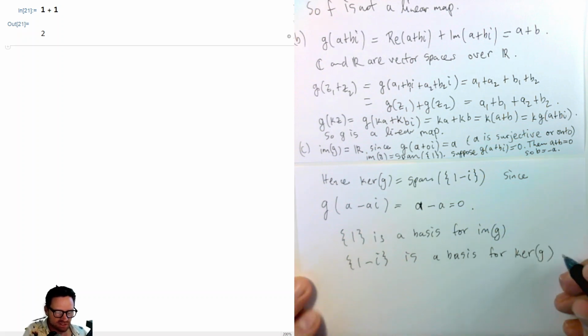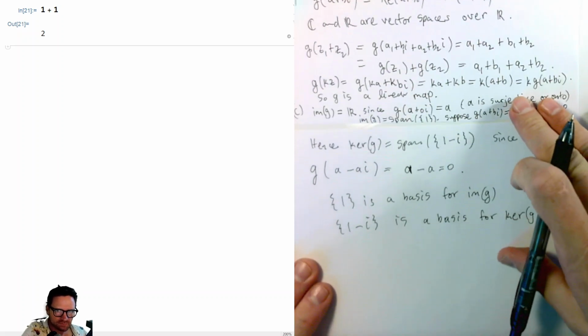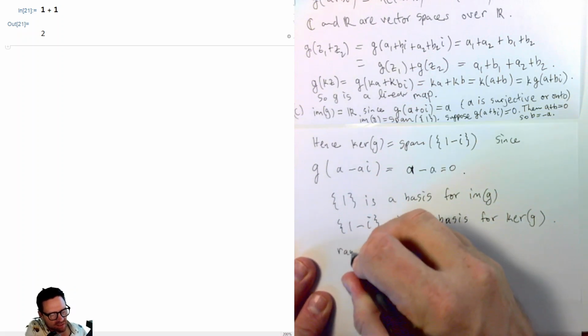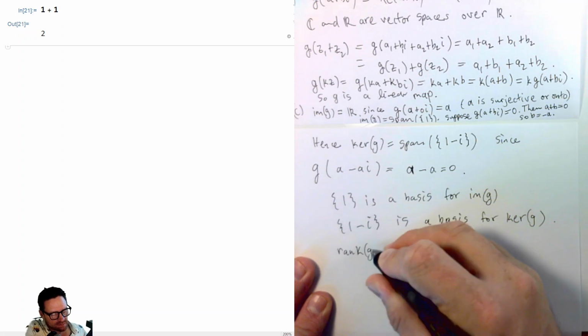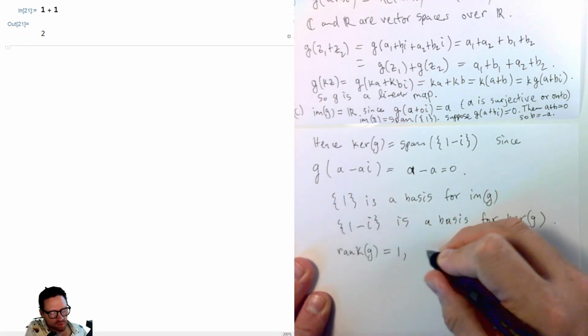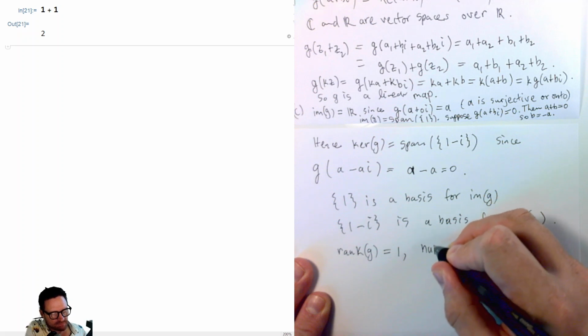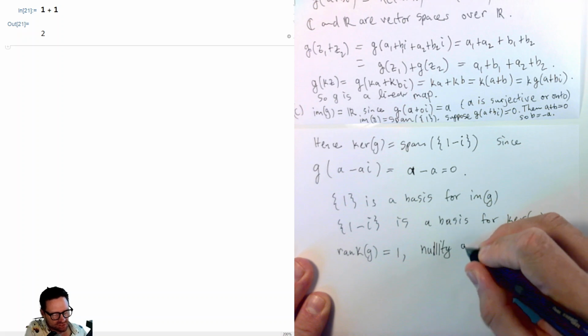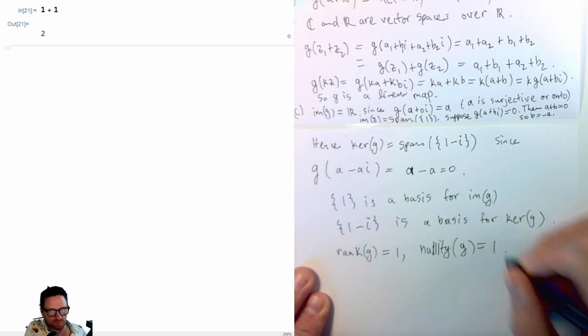Now let's count their dimension. So the rank of G is equal to 1, and the nullity of G is equal to 1.